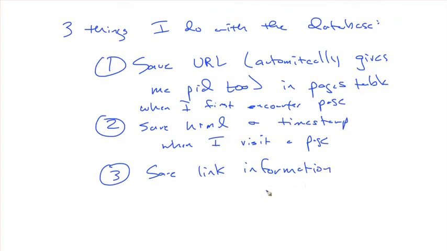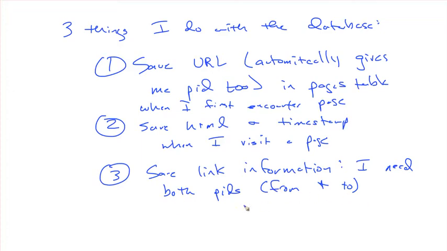To do that, I need to know both PIDs, the from and the to. So saving the link information, thinking back to I308 or I111, it's an insert into query.